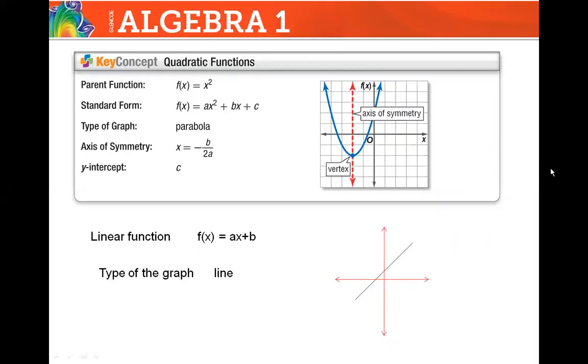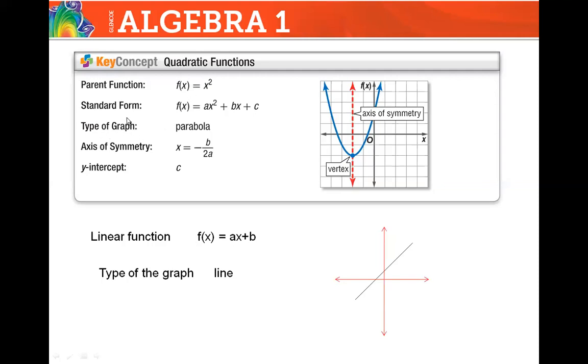Yesterday we said that the quadratic function is a function of the second degree. It means x with power 2. If you compare it with the linear function, the linear function is a function of the first degree, but the quadratic is of the second degree.